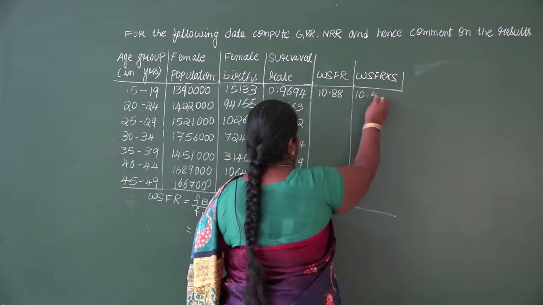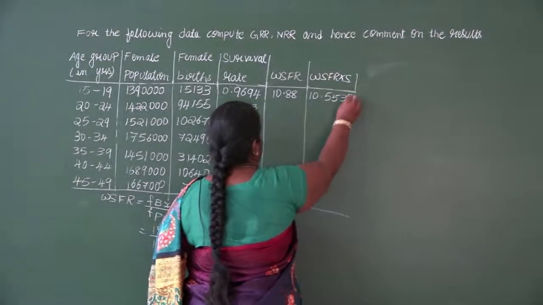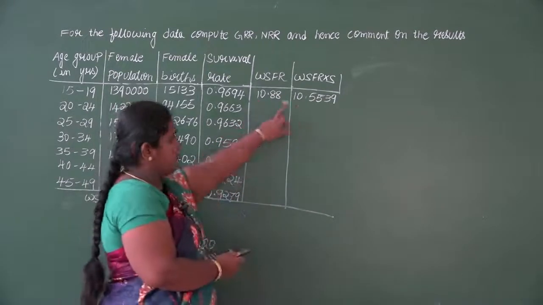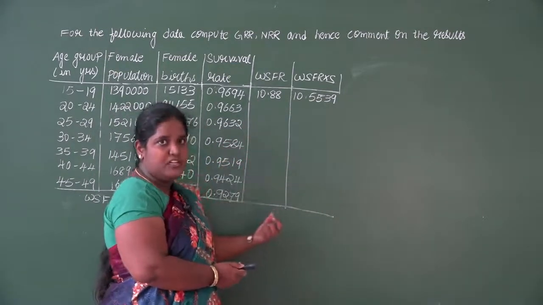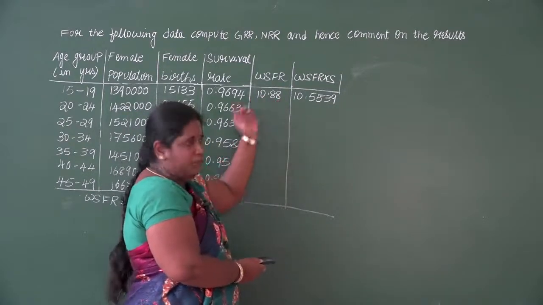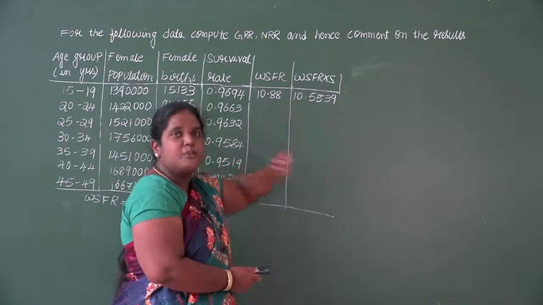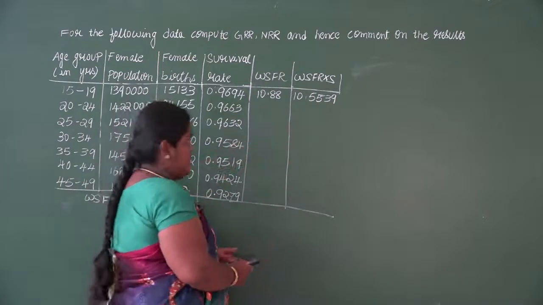We'll get 10.5539. I have taken the complete number from the calculator and multiplied it with S. No problem, you can do it like that. If you take only 10.88 and multiply it, maybe there will be small differences after the decimal point, but the final answer will not vary, so you can do it like this itself.